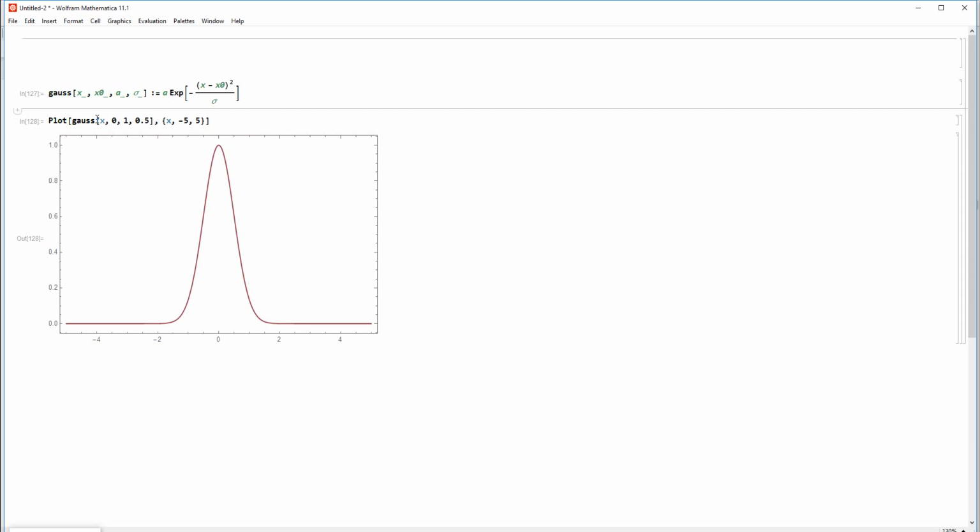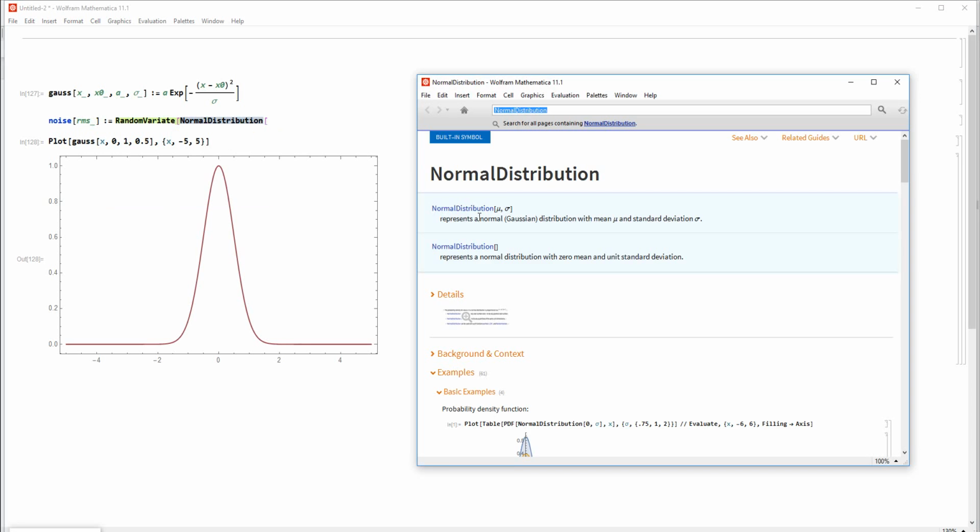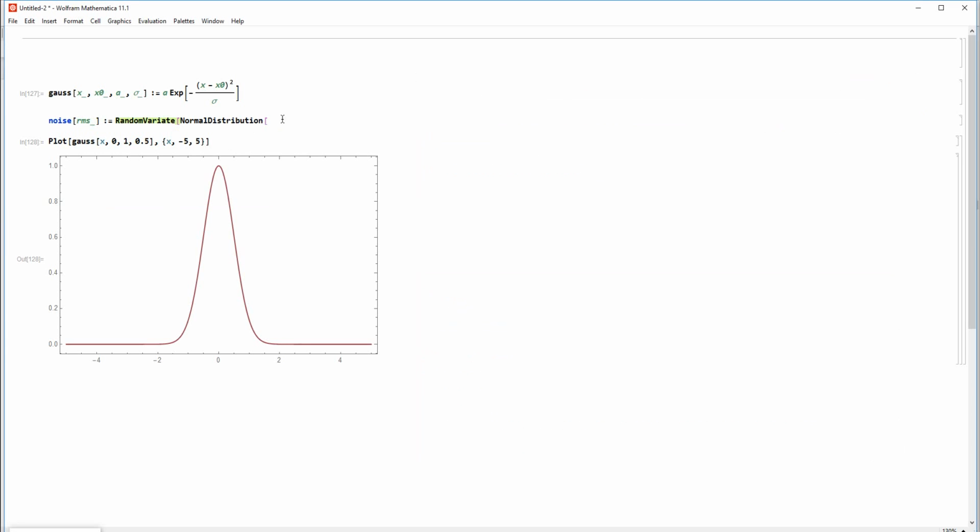And then I'm suffering from noise. Let's say we have random noise that's normally distributed, with some standard deviation that we call RMS.